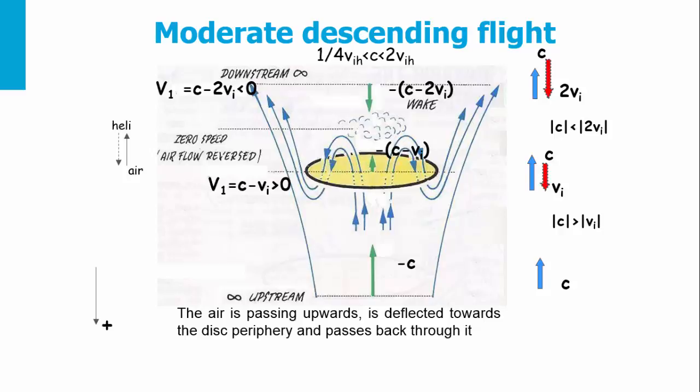The air passes through the rotor upwards, is deflected downwards at the disk periphery, and passes back through it. In this way, we see that we have a kind of turbulent region and airflow reversed up in the rotor.